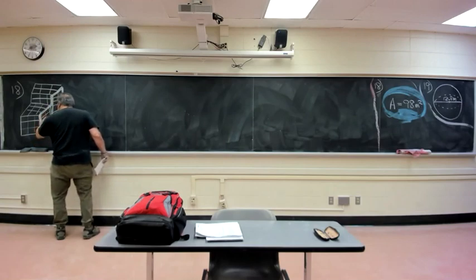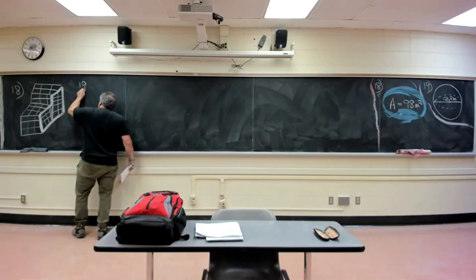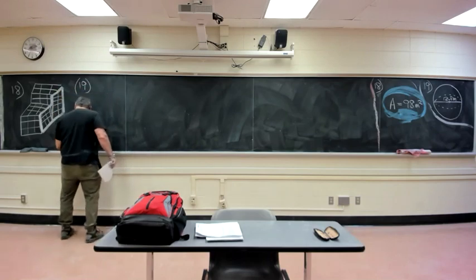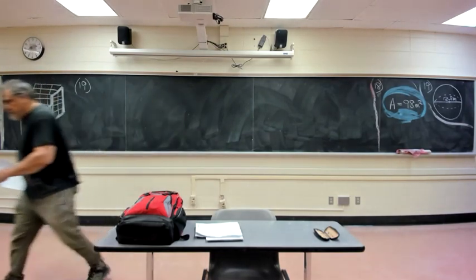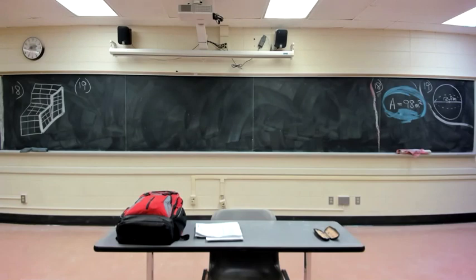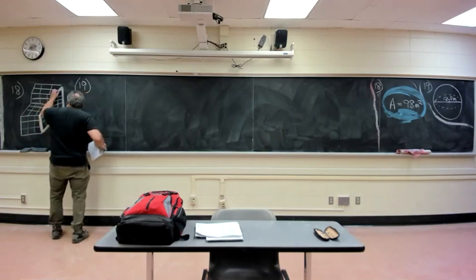This is 1, 2, 3, 4, 5, 6, 7, 8, 9. 3 by 3. 3 times 3 is 9. 2 times 5 is 10. 10 and 9 is 19. That's this right here. So this is 19, and it's taken care of.